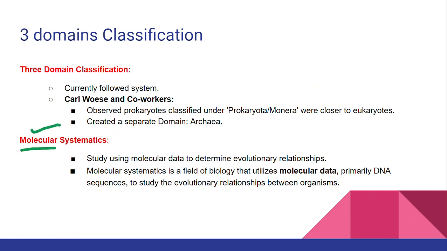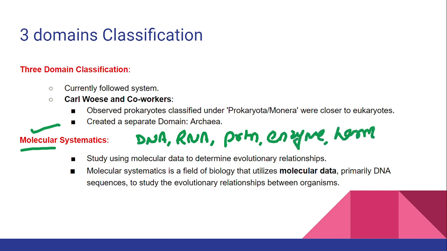Okay. Now, molecular systematics. When I use the word molecular, you have to understand I'm talking about DNA, RNA, protein, enzyme, hormone, all these things. So systematics means already I know the arrangement, right? So, study using molecular data. That means I have studied RNA, DNA, protein, enzyme and hormone and many more about that particular organism, and studied how the evolutionary relationship is happening between these organisms.